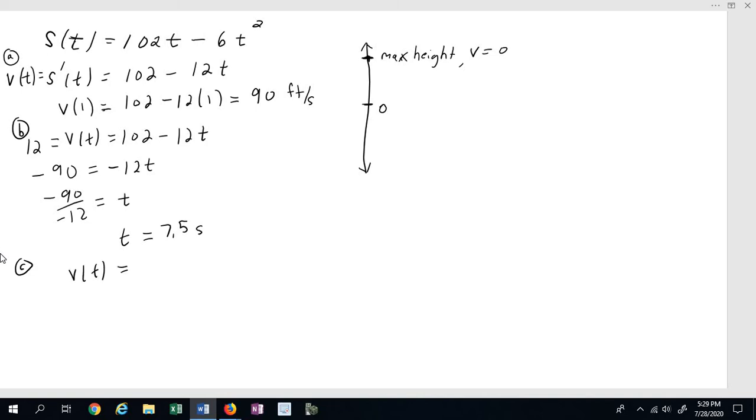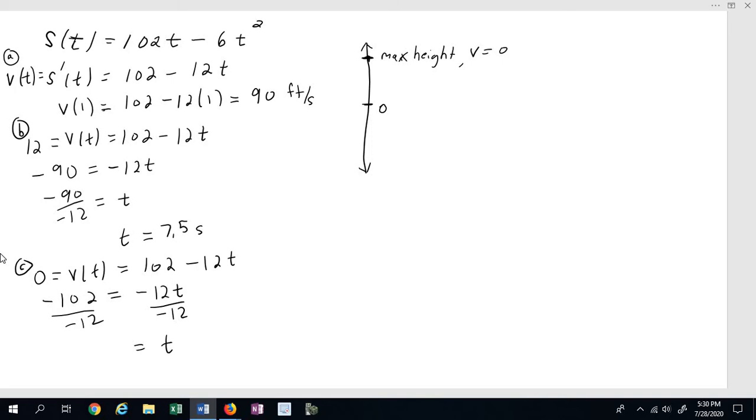Okay, so let's start with the velocity function. Again, v of t is 102 minus 12t, and we're trying to determine when the velocity is 0, so we set that equal to 0, and then we're going to solve for t. So you need to subtract 102 over to the left side, and then just divide by -12 on both sides.